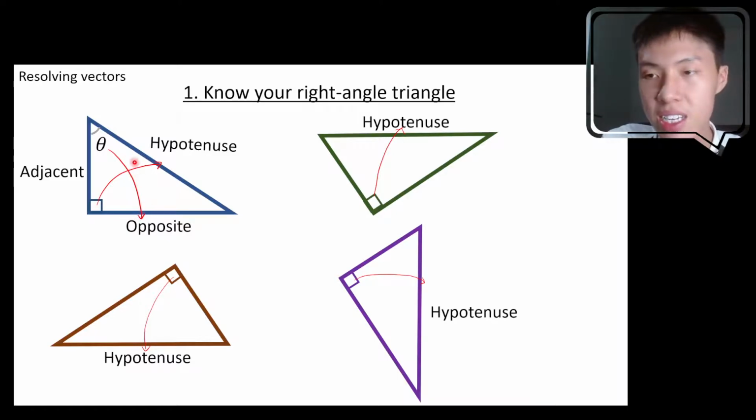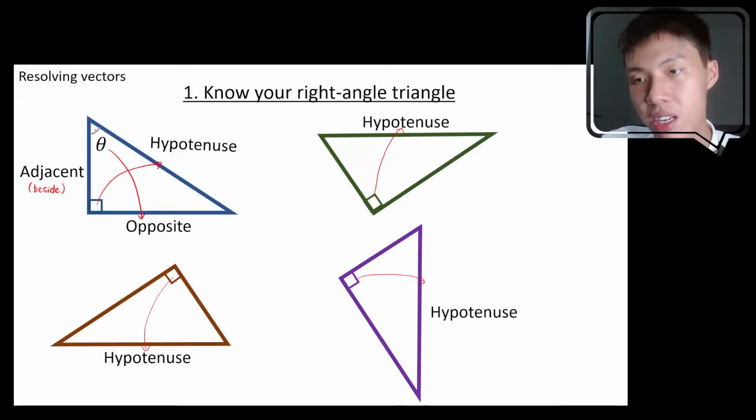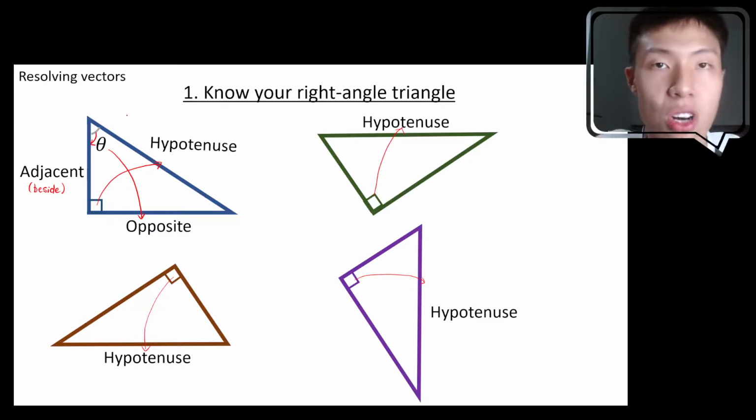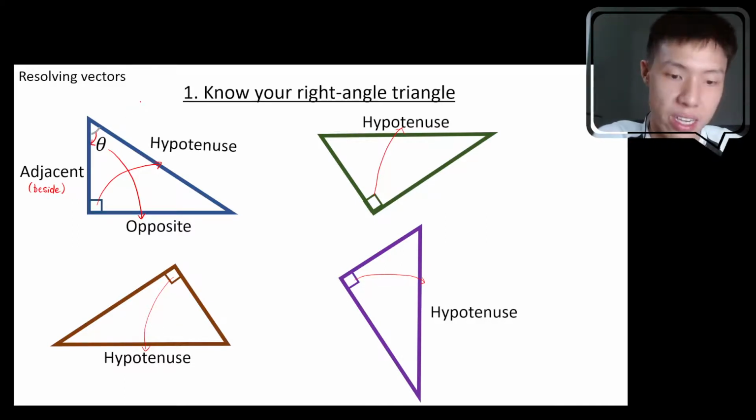Then the last side is called the adjacent side. The English meaning of adjacent is beside or side by side. So if this is your angle, right beside your angle, this side is called the adjacent side of the triangle.